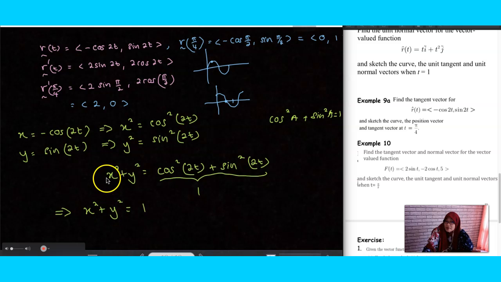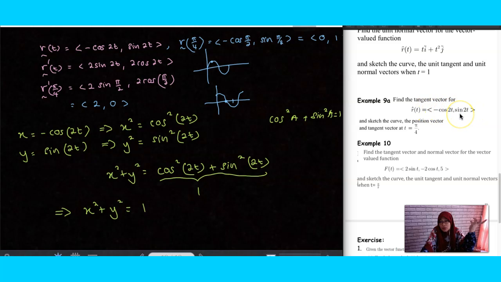Okay, so now in which dimension is the circle that we have to sketch here? 2D or 3D? Now you look at here, they give you the component form, so we know that this one is supposed to be x and this one is supposed to be y.